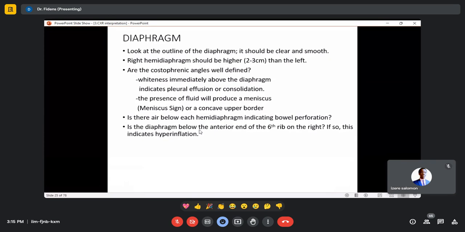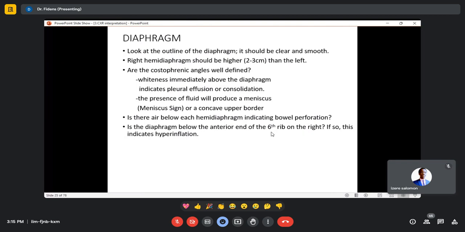Is the diaphragm below the anterior end of the sixth rib on the right side? If so, this indicates hyperinflation. Do you understand this? Hyperinflation of the lung, when you can see the whole sixth rib above the diaphragm completely on the right side.